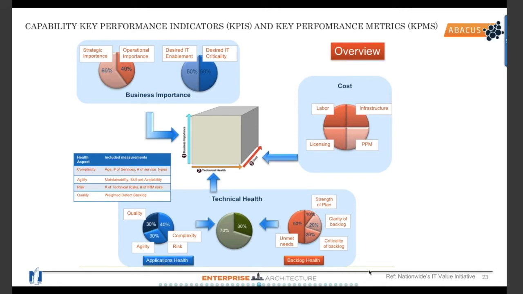And then the technical health, you can see there is tons of data around your application infrastructure, but we have to simplify that and represent that in an overall health of that application suite that supports that capability. So those are the 3 key factors.